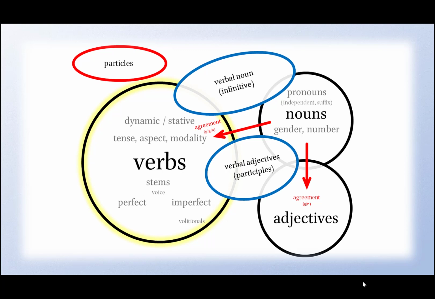For example, starting at the top, we see dynamic and stative verbs. Dynamic verbs describe actions. This might be what we first think about from perhaps a native English speaker's perspective about what verbs do.